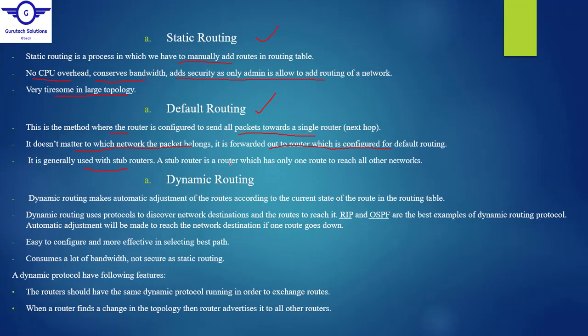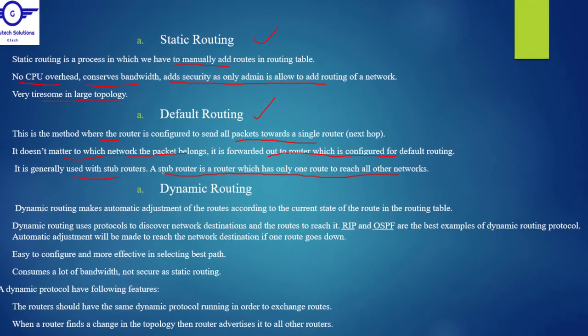A stub router is a router which has only one route to all other networks. Guys, this is very important, and don't worry about it. We are going to demonstrate this in our practical parts when we configure default routing, and it's very easy, guys. For both static routing and default routing, configuring is very easy.